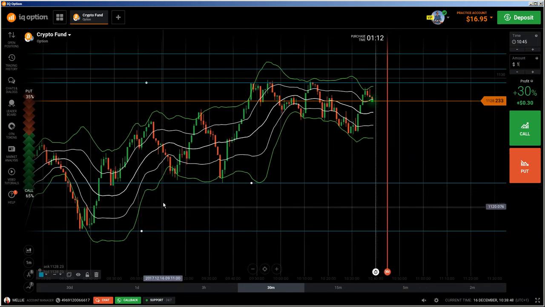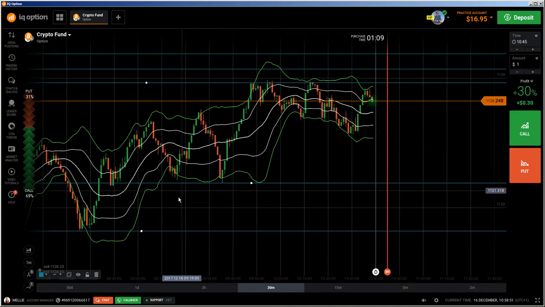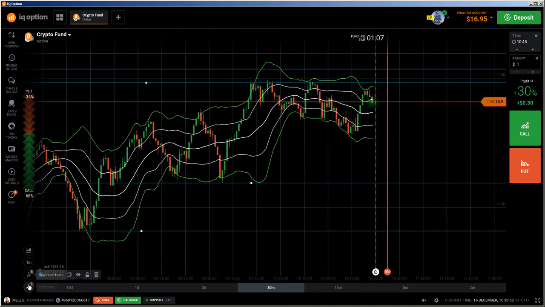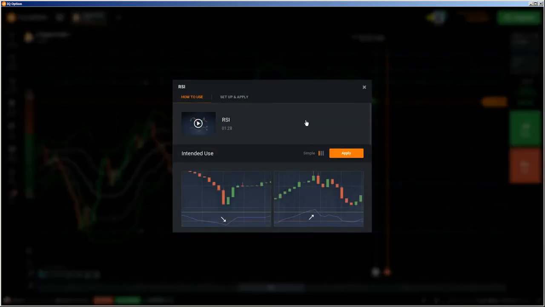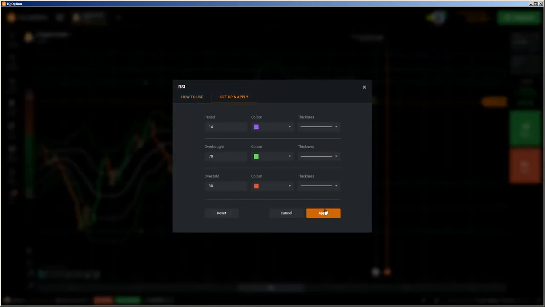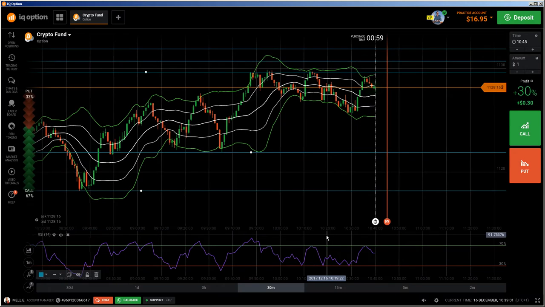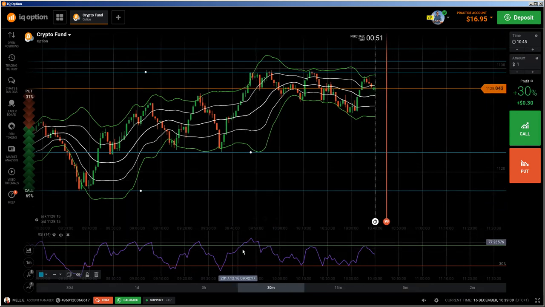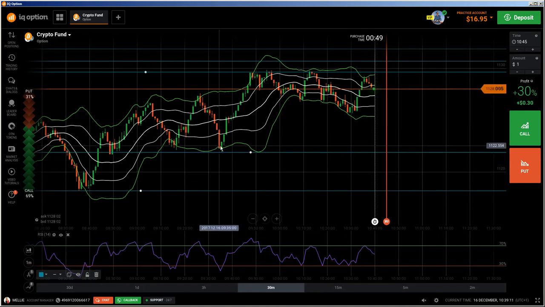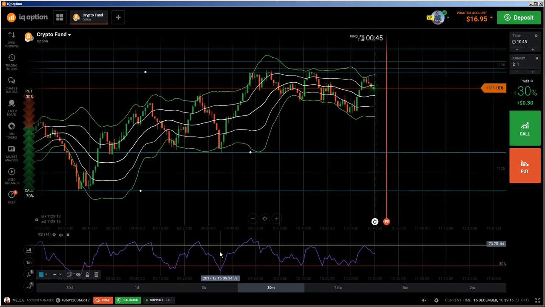Okay, I will show you that I'm right. I set up the RSI, the standard settings. Now I show you the points. Here I told you this is an overbought area, and like you see, the RSI shows overbought. Oh, what a surprise! Here I told you we have an oversold area, and what do I see?